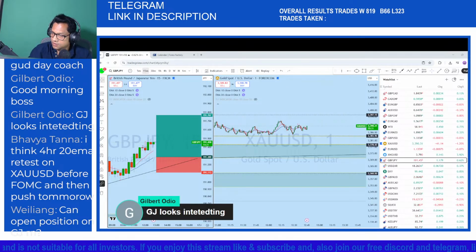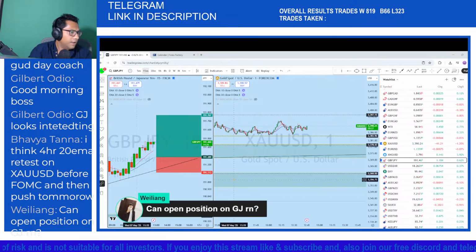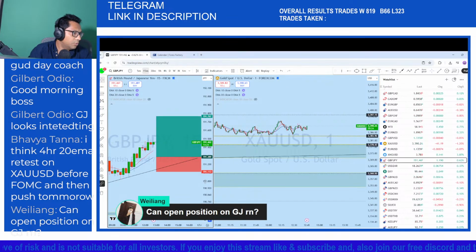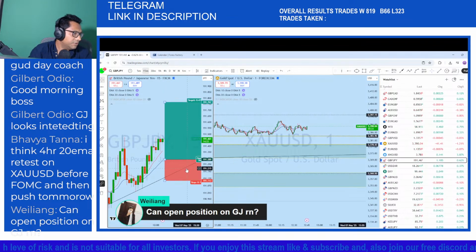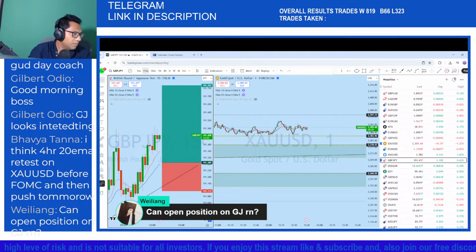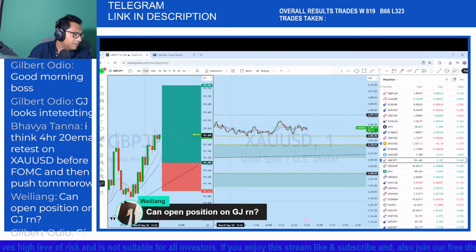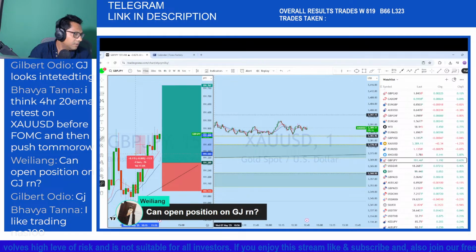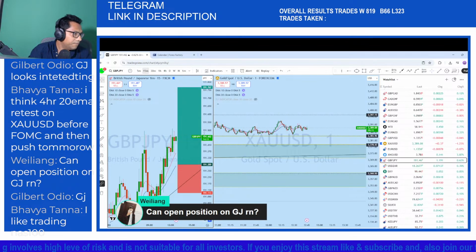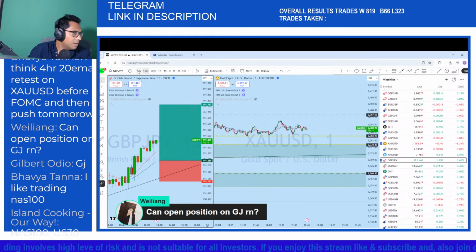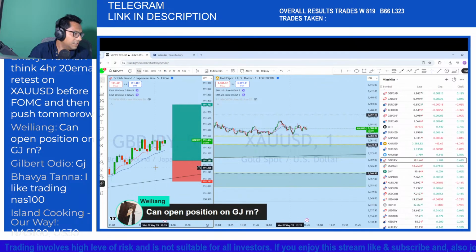GJ. Yeah, we have an open position on GBP JPY. There is bullish price action here on GBP JPY. Let's see if we can find more here with a 12 pip stop. Yeah, there is an inverted head and shoulders.